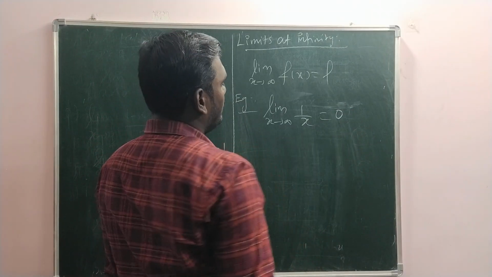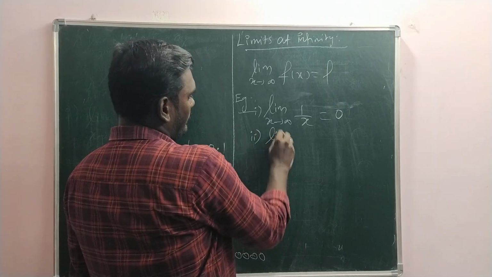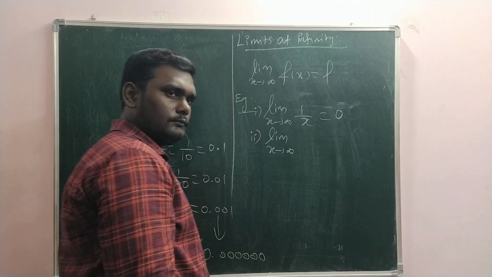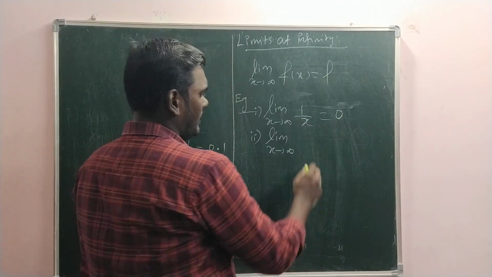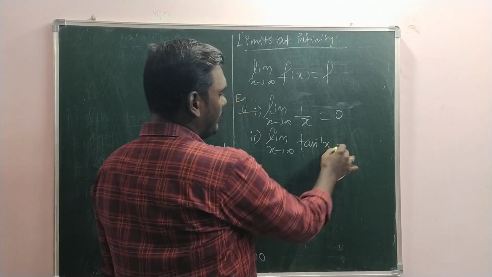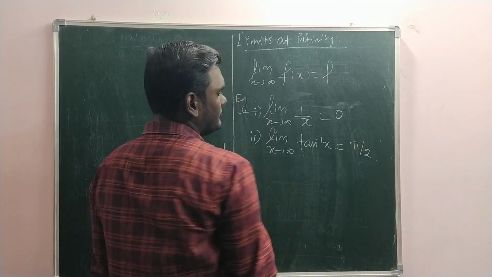The same way, limit x tends to infinity, tan inverse of x. When x is approaching infinity, pi by 2 will come, right?